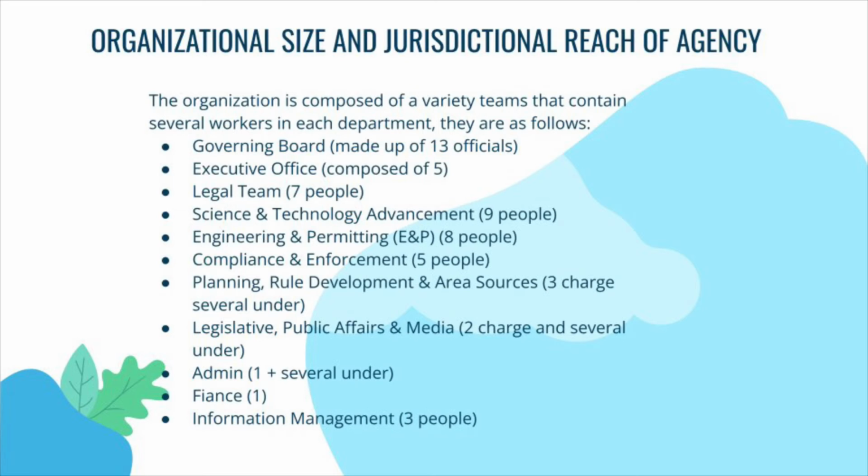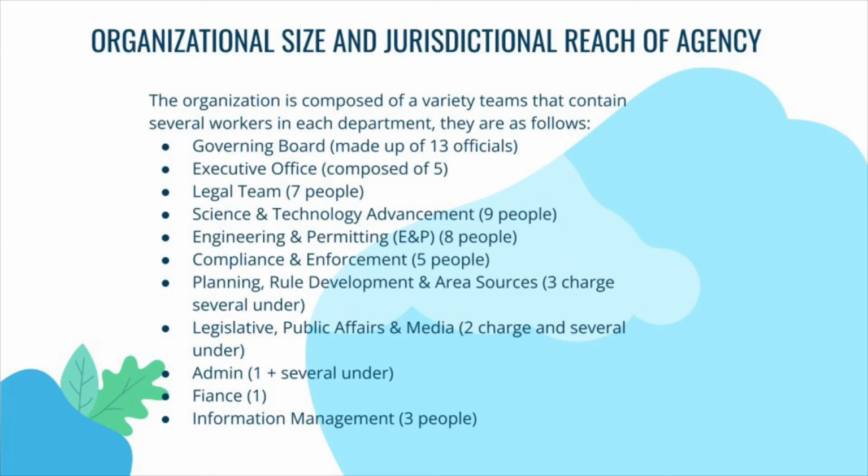There's also the compliance and enforcement group that's composed of 5 people, the planning and the rule development and area sources. There's 3 people in charge, and there's several sub-departments and different groups that go out and help plan and develop all these projects. Next would be the legislative and the public affairs and media.